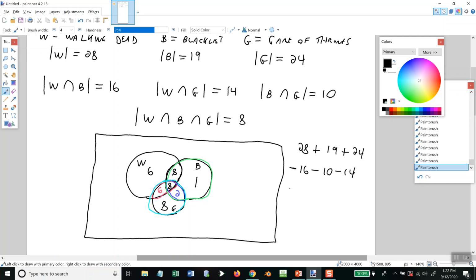And then, now let me think this through. I subtracted off this 8 when I did this, and I subtracted off this 8 when I did this. So I've already subtracted 16.